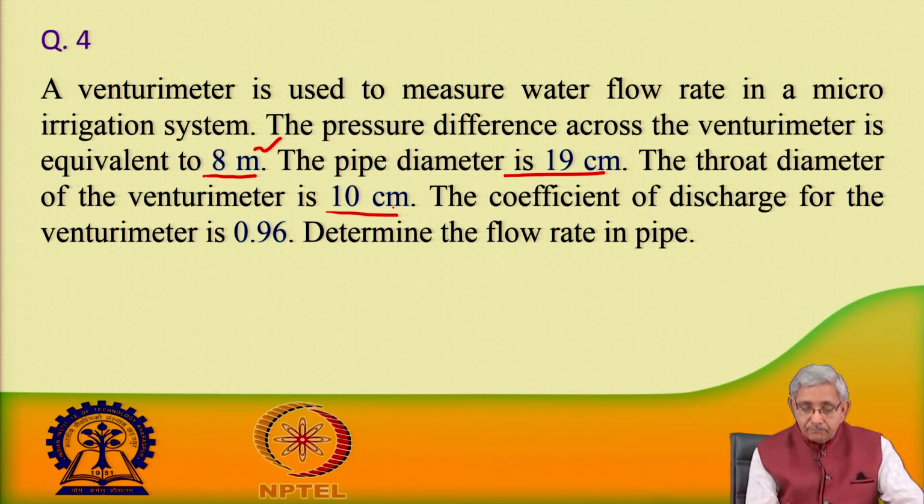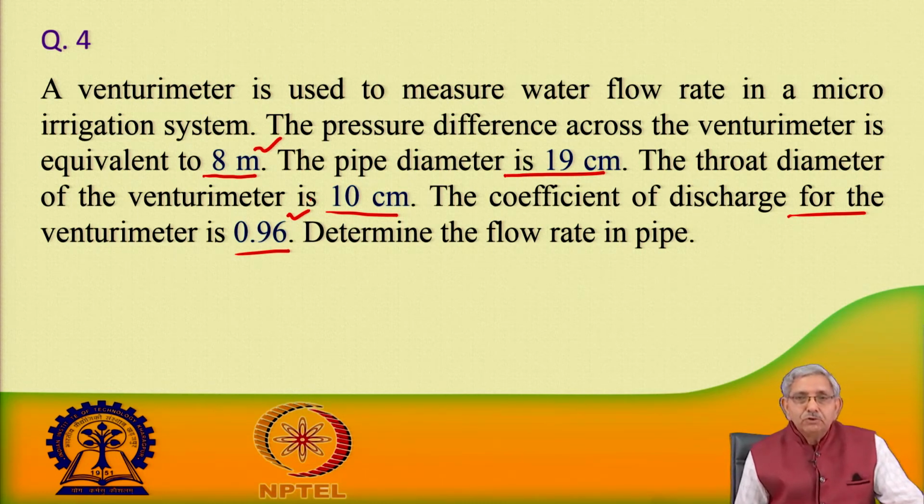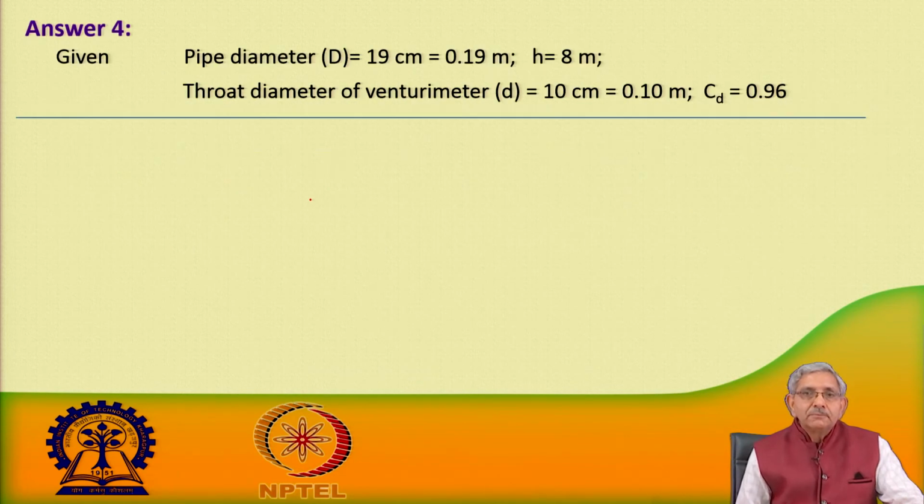So, this diameter is given. Coefficient of discharge for the venturimeter is 0.96. We are required to find out the flow rate in the pipe where this venturimeter is fitted. We are using the venturimeter to monitor the discharge through the pipeline having these dimensions.